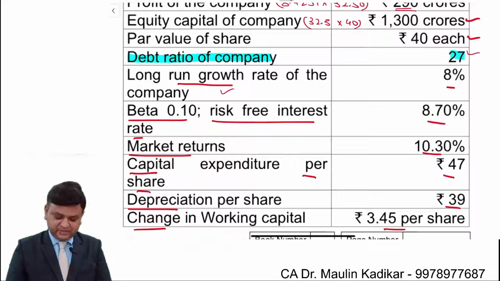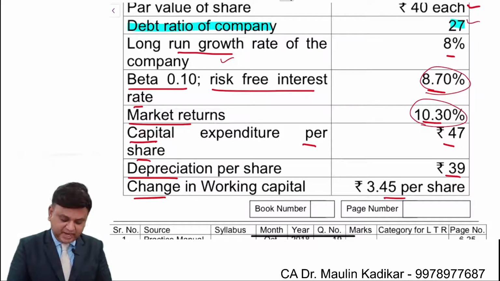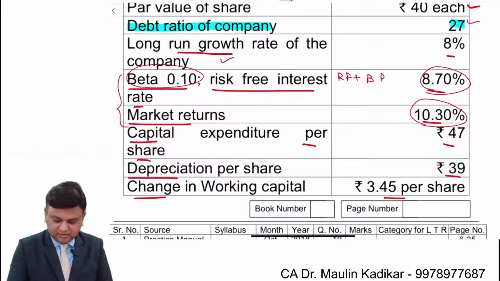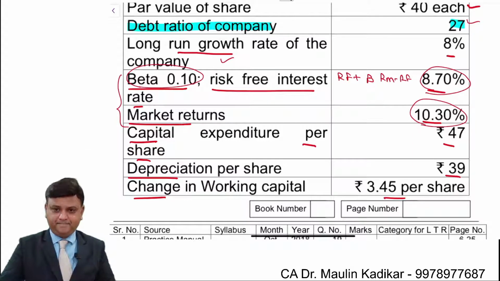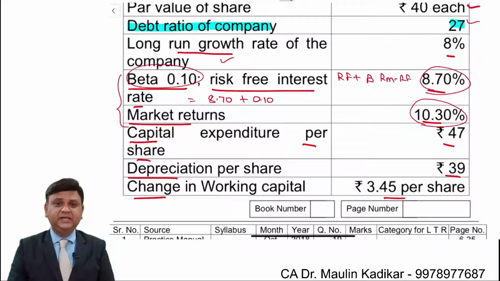Growth rate is given as 8%. RF is given as 8.7, RM is given as 10.3 and beta is given. This information will be useful to calculate the cost of equity using CAPM: RF plus beta into (RM minus RF). So RF is provided to us as 8.7. Beta is 0.10.